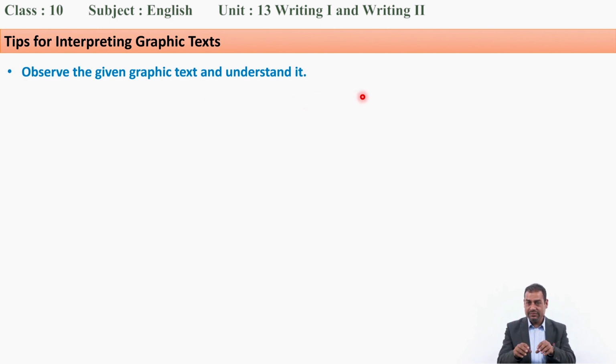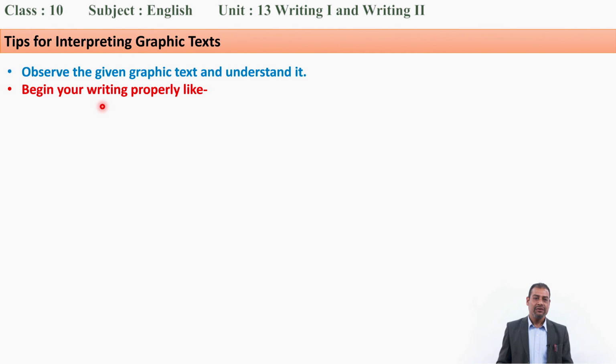You have to observe the given graphic text. Okay? Then you have to deeply go through it so that you can understand what it is about. Okay? Have you got this point? So first of all, study the graphic text and then go deeply and find out what the graphic text is about. This is what we call understanding. Without understanding, we cannot interpret.